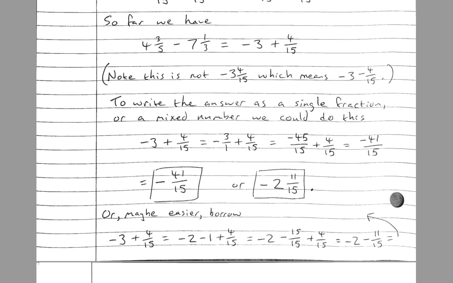And then if you add these two together, you get negative 11 over 15. And now this is a good mixed number. This is negative 2 and 11/15.